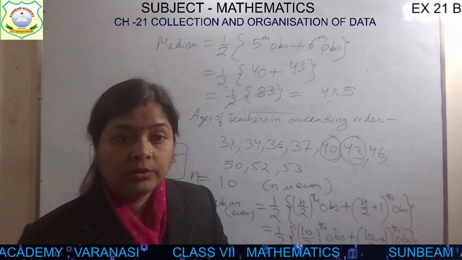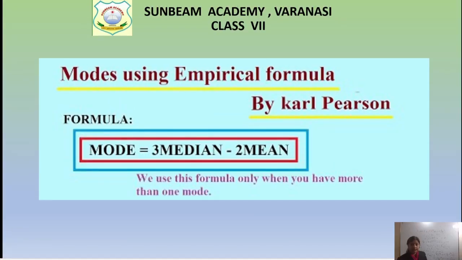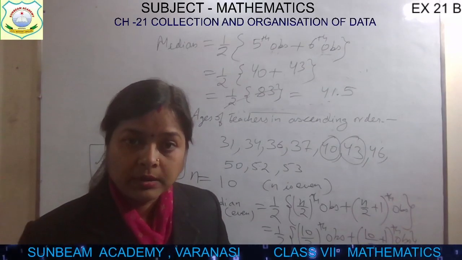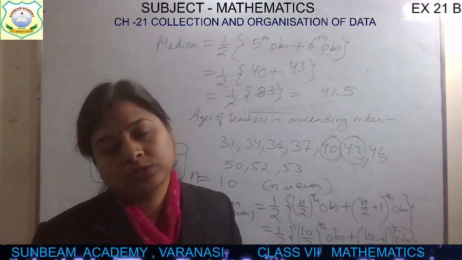You have to see it very carefully. Although we are not doing it by this method, you should remember it. Mode is equal to thrice of median minus twice of mean. We will use this formula only when we have more than one mode. So remember the empirical formula also.